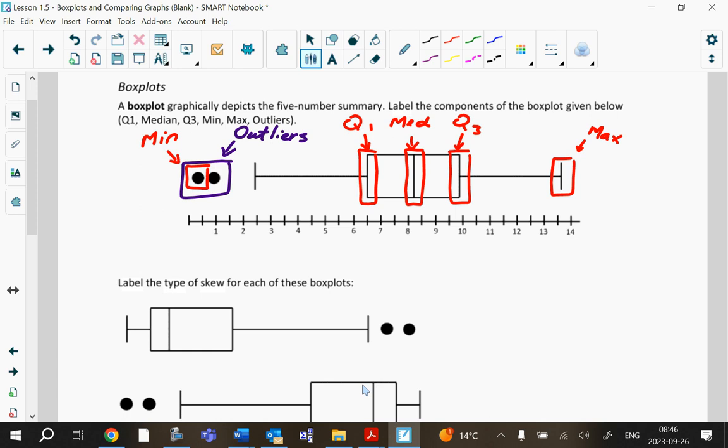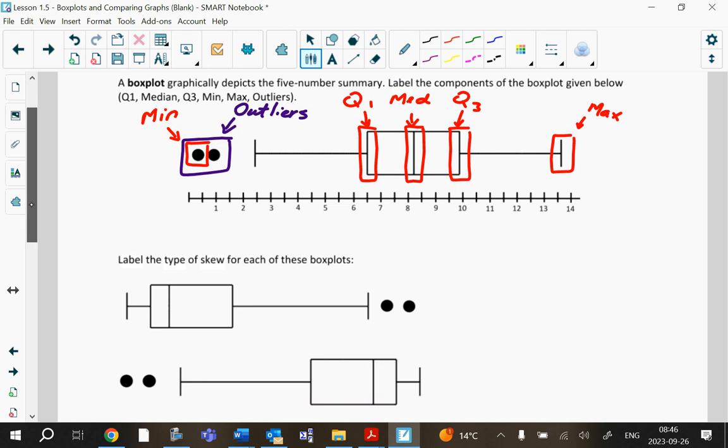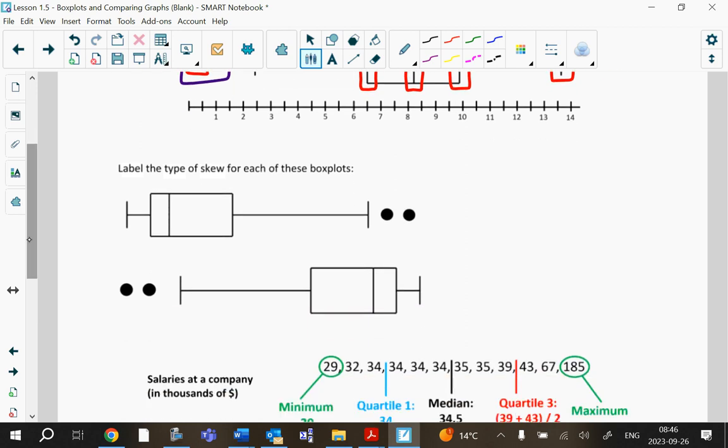Just as a little bit of extra practice, how would you say this is skewed, if it is? Yeah, skewed right. So we would say right skewed. And this one, left skewed.